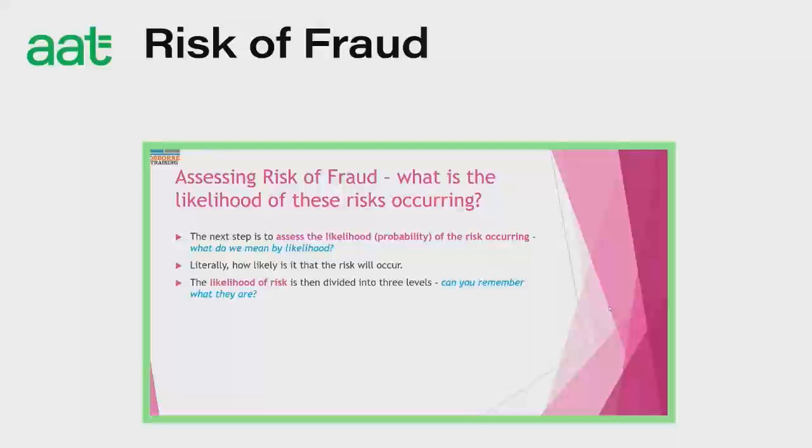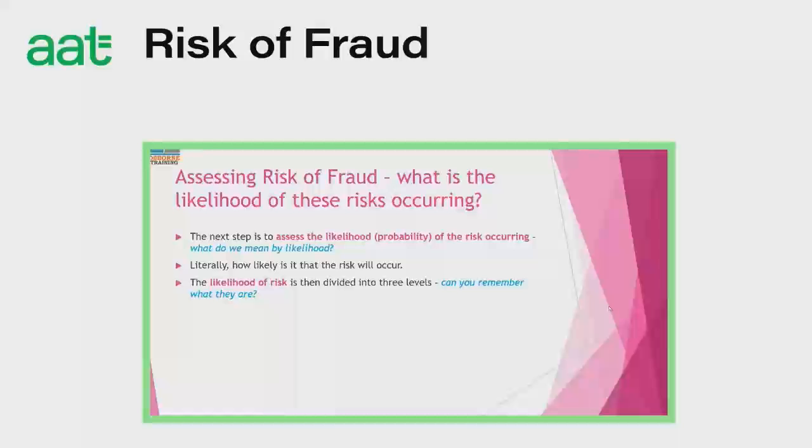So hopefully we can remember our 3 levels of risk, of the likelihood of the risk occurring. All right, perfect. So yeah, have any thoughts in relation to that? The likelihood of risk is divided into 3 levels. If you know what they are, or if you know any of them, you don't have to know all 3. No, absolutely. One will do. I'll take one of 3.